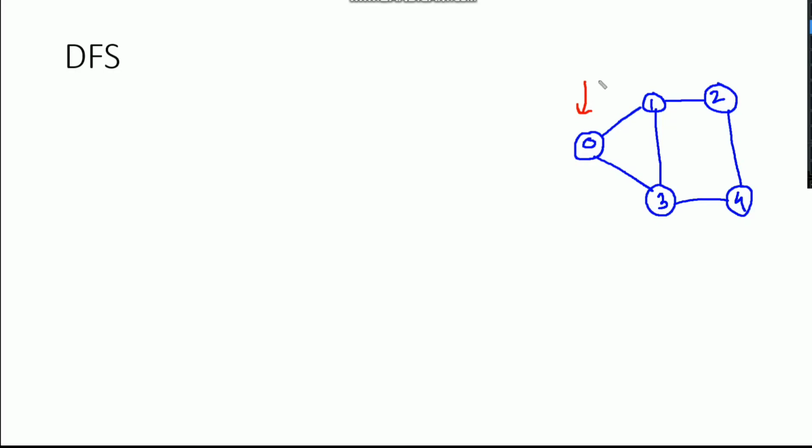Okay, so let's start. Suppose this is a root from where I'll start making a tree. My initial starting vertex is 0. From the root I went to 0. From 0 I can move to vertex 1 or vertex 3.